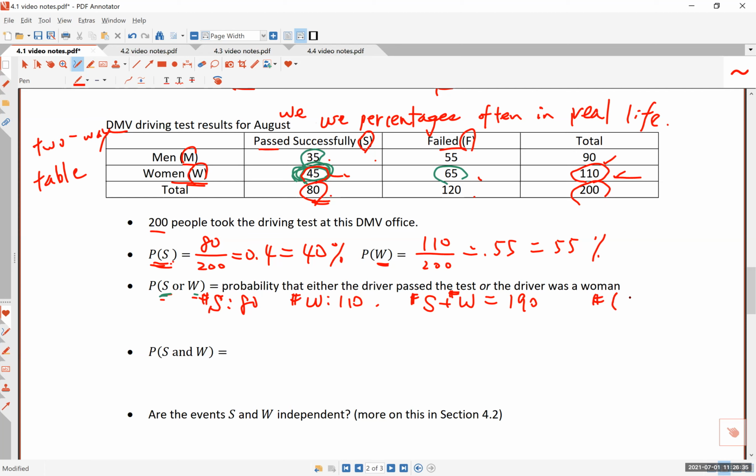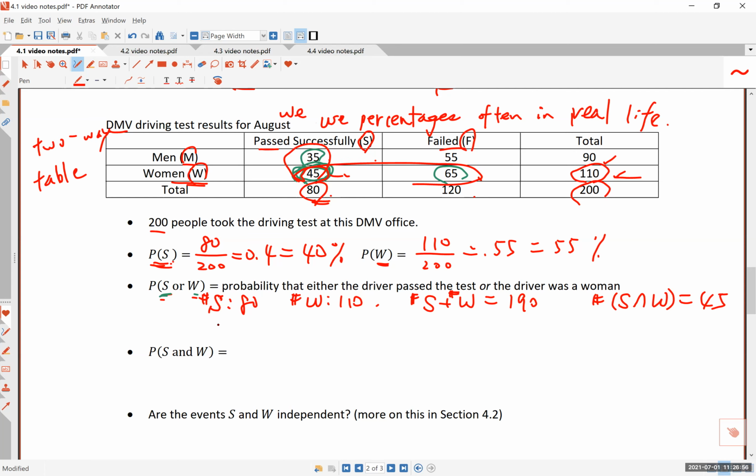So the number in S intersection W, this is the number of people who belong to W and S, the number of people who are women and the ones who passed. That's 45. So what we have to do is to add up these and then subtract 45, right?